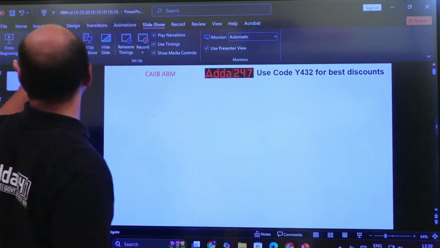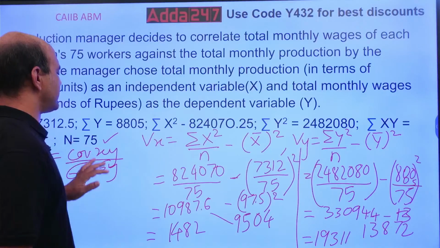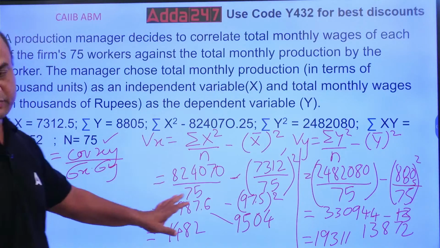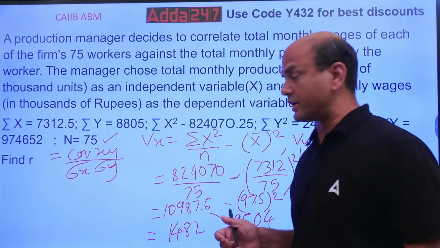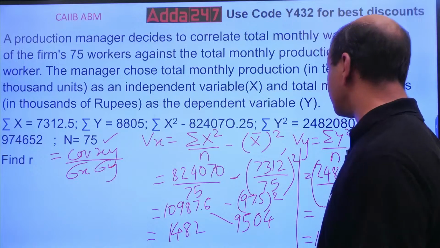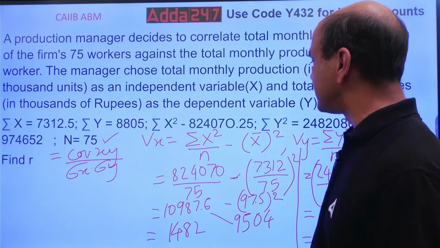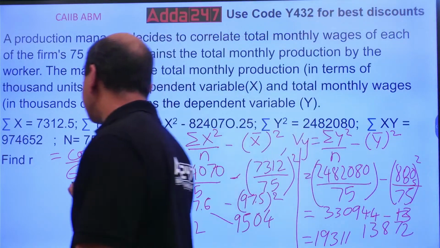So now, see, we have found out Vx, Vy. Now we'll be finding out covariance of xy. In fact, we can find out the standard deviation also immediately over here.